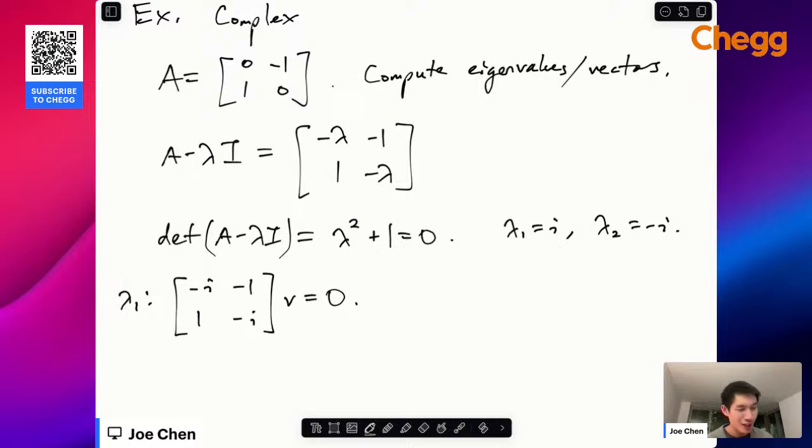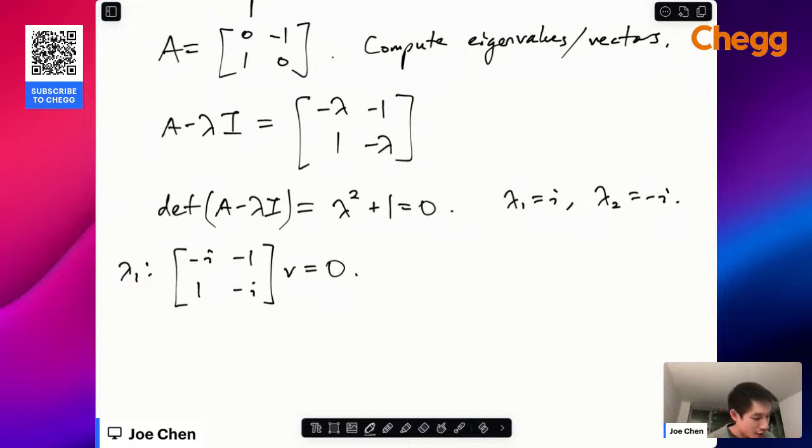It turns out for a 2 by 2 matrix, if you've done this correctly, you get a shortcut, which is that I can always take v to be equal to this number as the first entry and the negative of this number as the second entry.